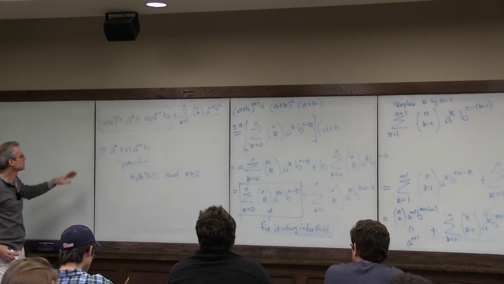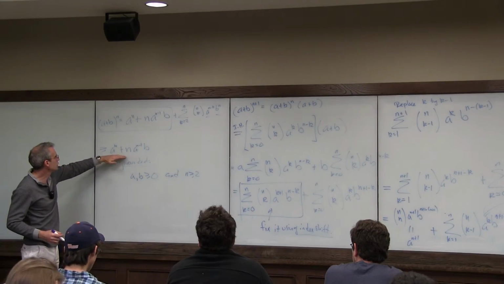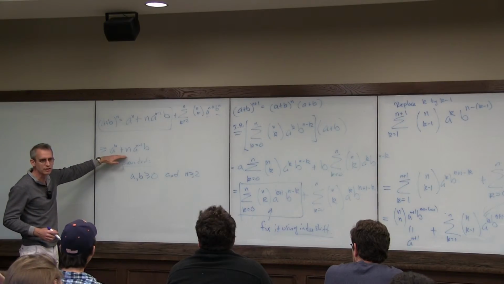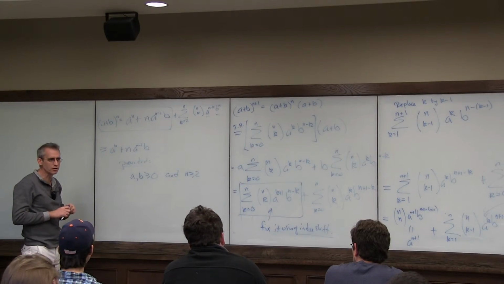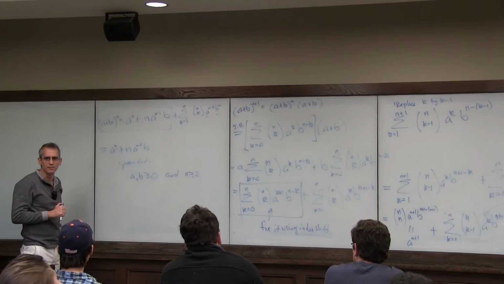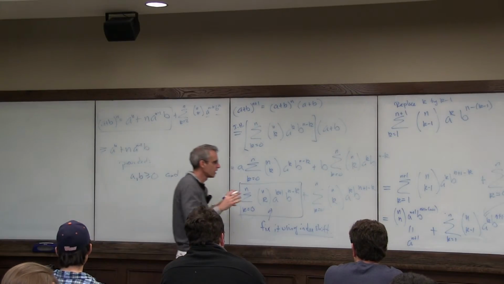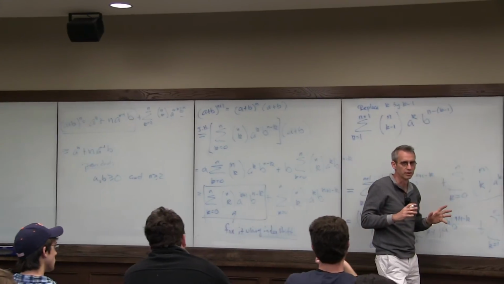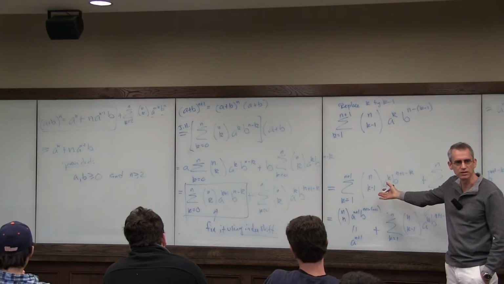Okay, so this is something that you get out of the binomial theorem, and you could try to prove this by induction, right? That this is bigger than or equal to that. Okay, I don't encourage that. In fact, anything which follows in a non-trivial way from the binomial theorem, be very careful about trying to prove it using induction.